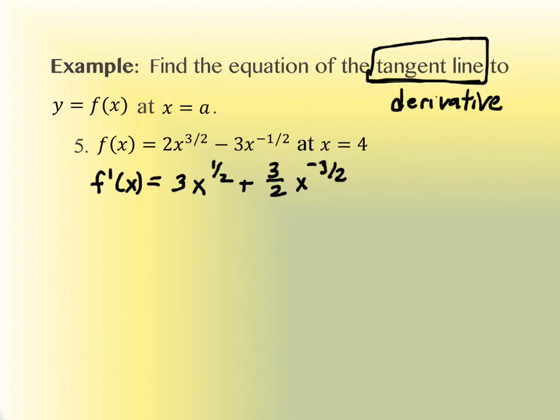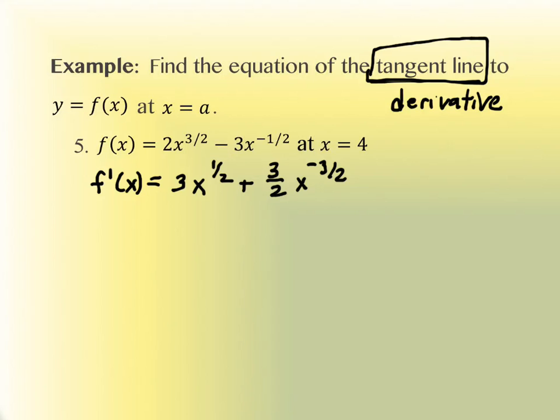And we're done. Now, we really don't have anything that says that we have to simplify this or clean it up, but it might be helpful, especially if you don't have a calculator handy, to think about this in terms of square roots, because that's what powers of 1 half are, right?